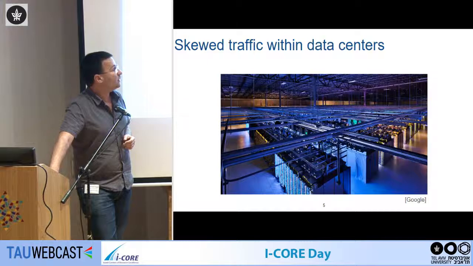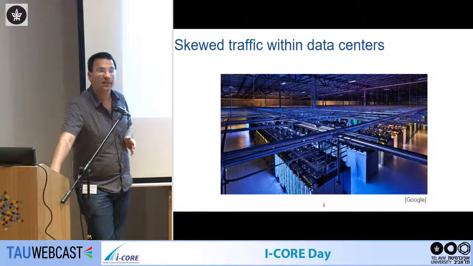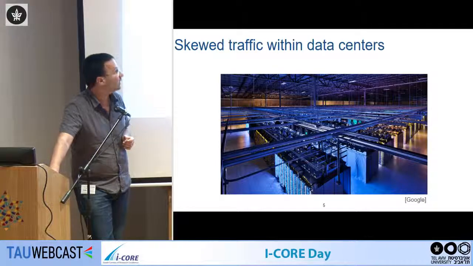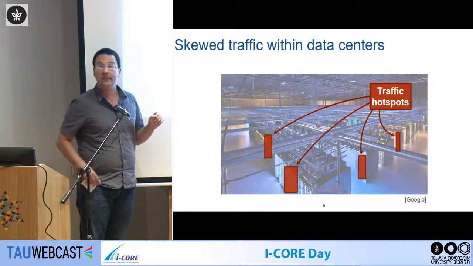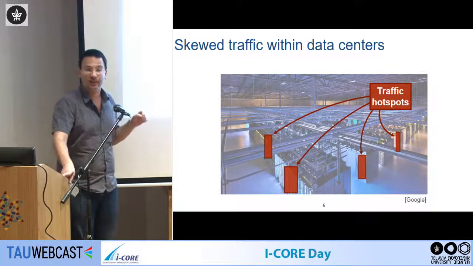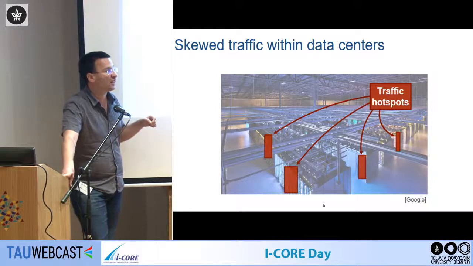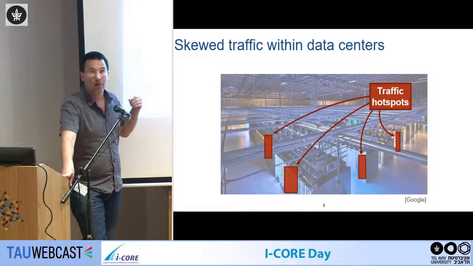One unifying theme in a lot of the studies we've seen about what traffic characteristics within data centers look like is that they're very highly skewed. For example, studies out of Microsoft indicate that most of the time, only 1% to 40% of the servers are actually communicating.